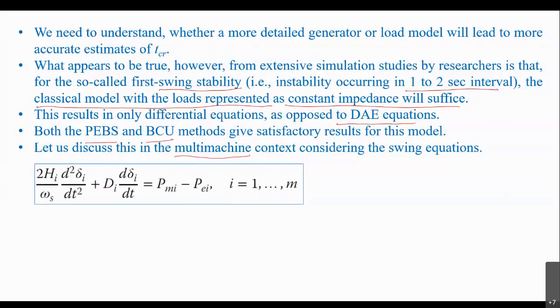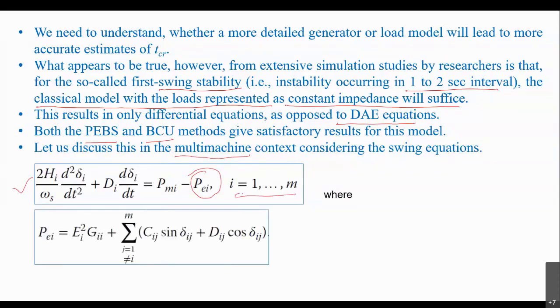For the multi-machine system, we can write the differential equation for the classical model like this. We already did this. P is nothing but the electrical power output from the generators, and there are m number of machines.